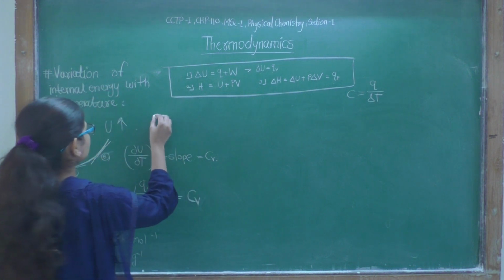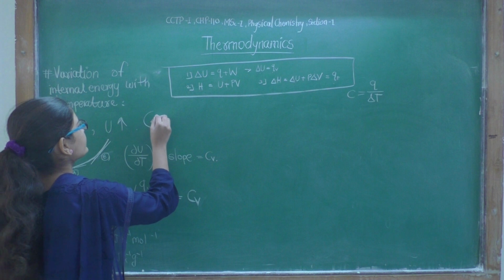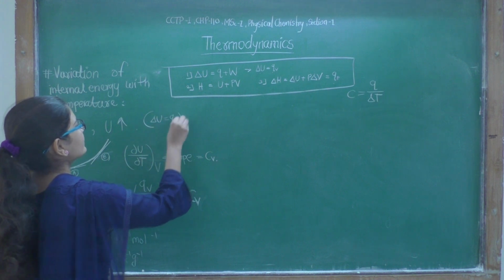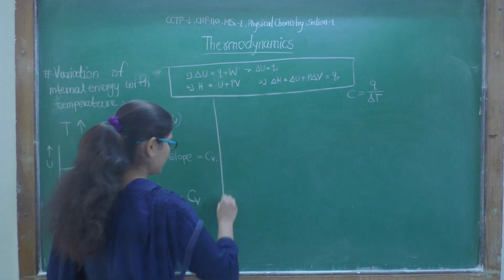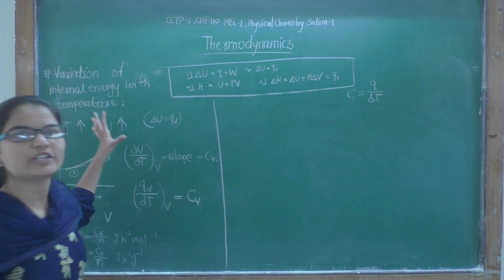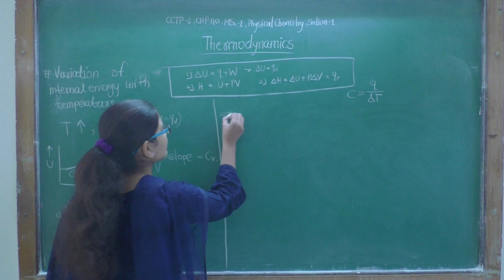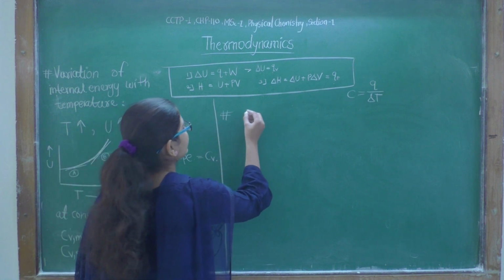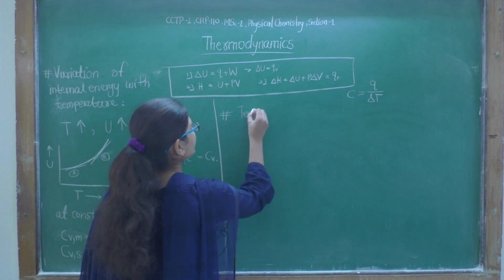Now, since delta U is equal to QV, this is all about temperature dependence of internal energy. Now let's see temperature dependence of enthalpy.